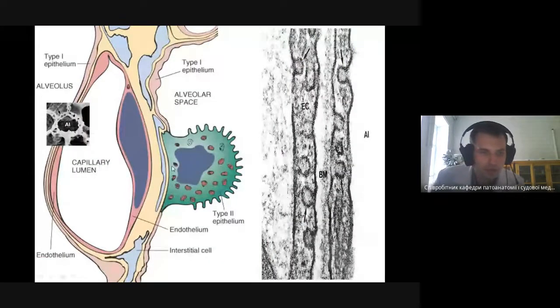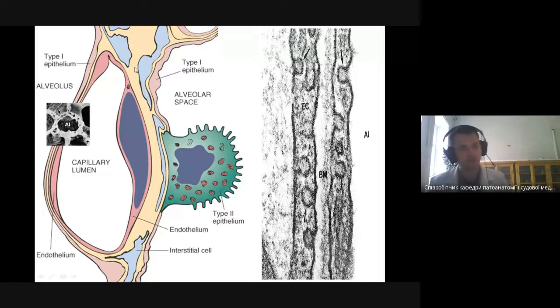So then with a schematic picture, you see the capillary lumen, alveolar space. What is between them? Alveolocytes or pneumocytes type 2, type 1, some endothelial cells, and the basal membrane between them.